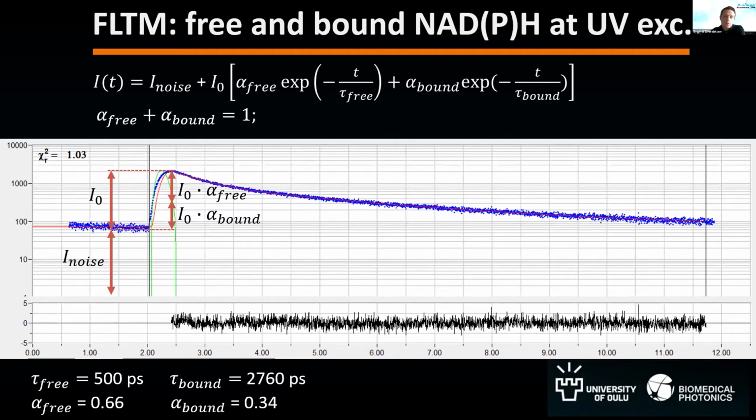That gives us more information than just analyzing fluorescence intensity. This is an example of a curve from our setup for living healthy tissue, a healthy liver in a mouse.